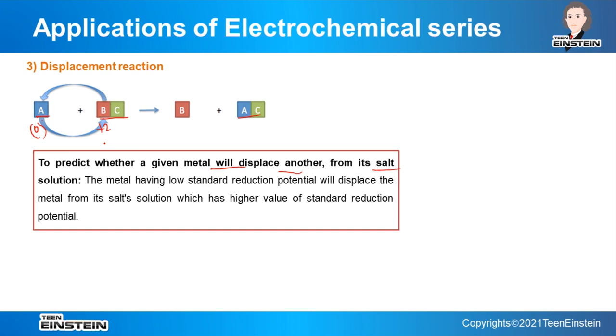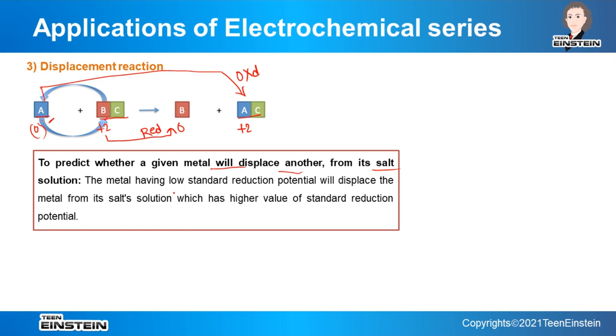So when A is combining with C, that means A now is +2 and B is 0. That means A must be more electropositive compared to B, then only it can give electrons to B and reduce B. So this process is oxidation, and from +2 it is converted to 0, this is reduction.